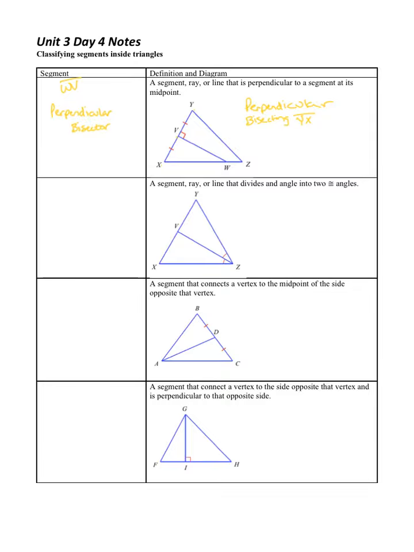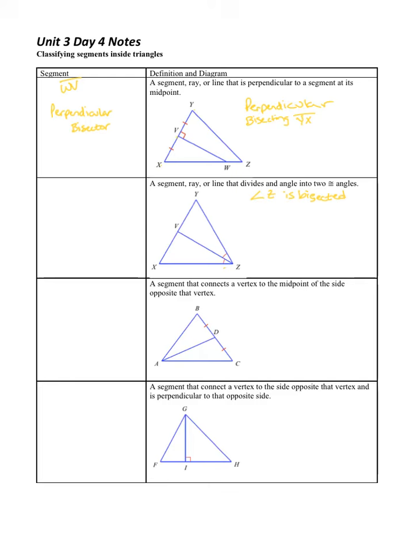Okay, now let's look at this one. ZV, what's happening here? Well, I can see that angle Z is bisected. And I say bisected because you have two congruency markers here. I just hid them.